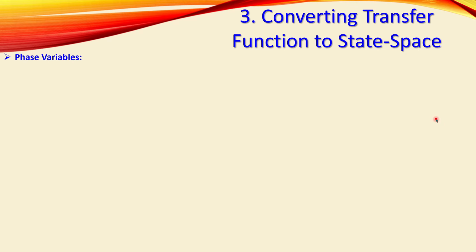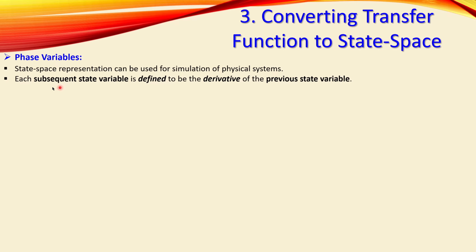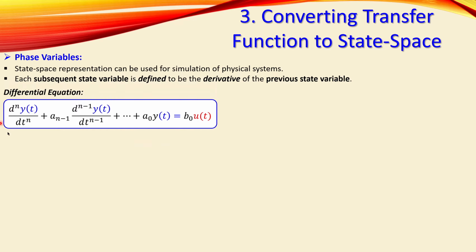Now we start with the phase variables. State space representation can be used for simulation of physical systems, and we have many representations. We will discuss this also shortly, and each subsequent state variable is then defined to be the derivative of the previous state variable. Now, a differential equation like that in very general form.